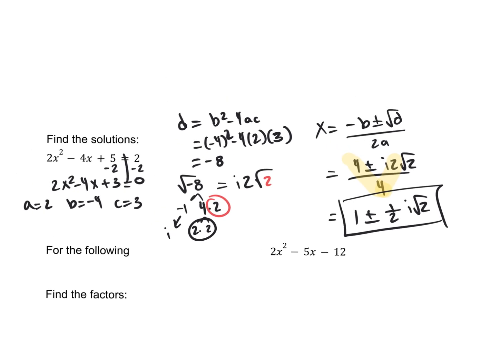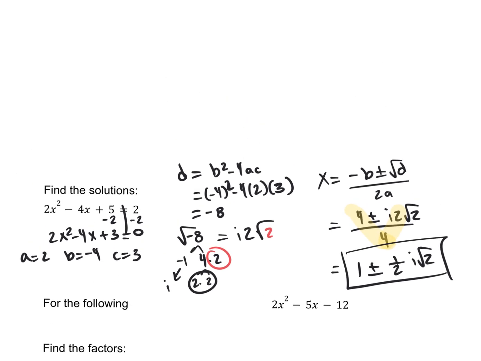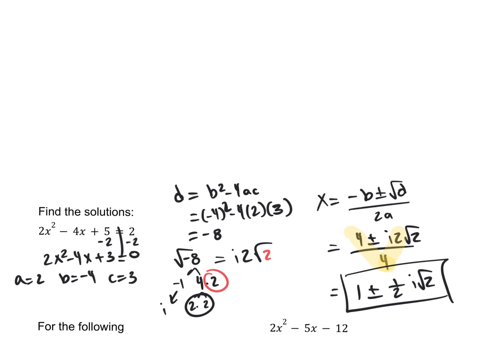I do want to talk about when your square root could be a lot easier. Sometimes you don't have to simplify the fractions that much. It could be that you don't have a radical to work with. So for example, let's say we have something like x squared plus 4x plus 3, where the A value is 1, B value is 4, and C value is 3.